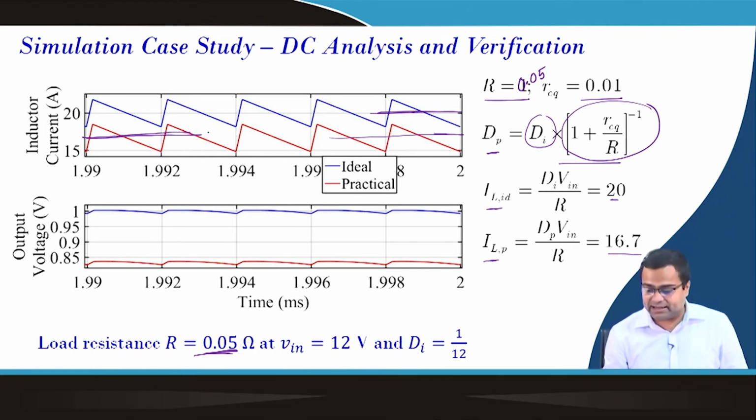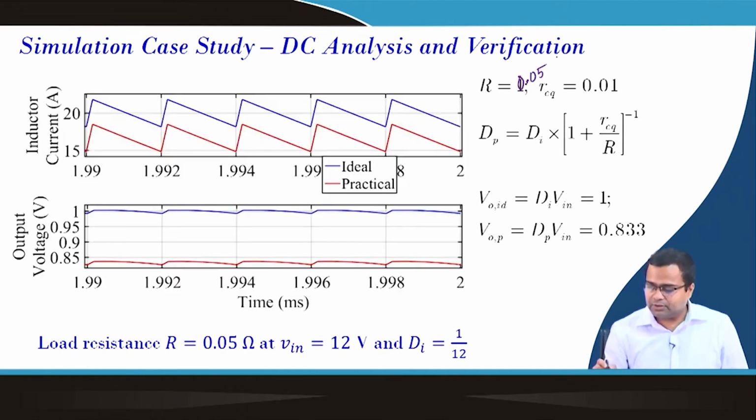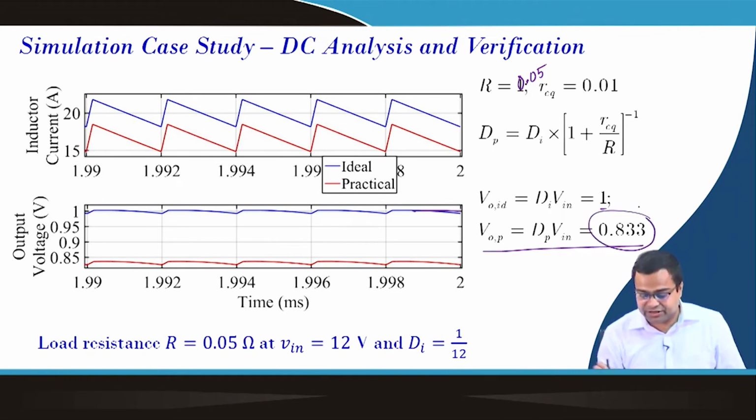Now, coming to the practical output voltage. If we calculate, again R should be 0.05. My ideal output voltage is 1 volt, which is like this, but the practical one comes to be 0.833.